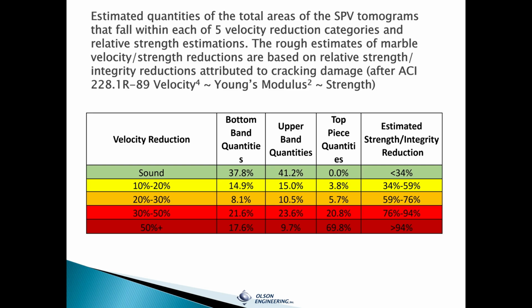Although marble is inherently anisotropic, we can make some theoretical correlations to strength reductions based on the velocity reductions in these pieces, which is what we tried to calculate here, and that's what is in the rightmost column.